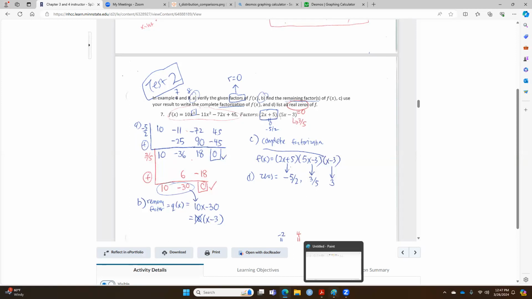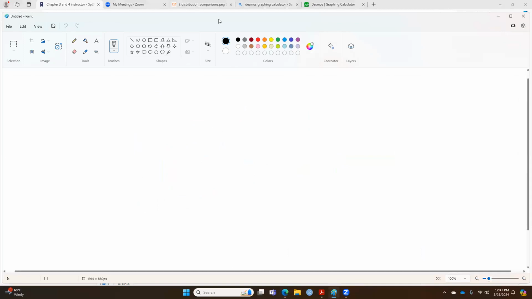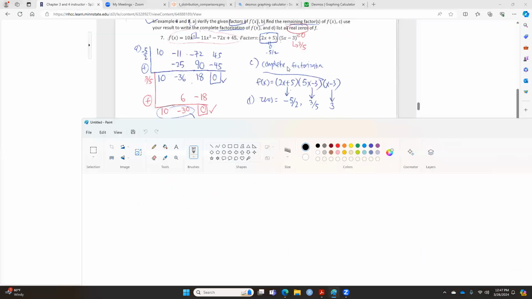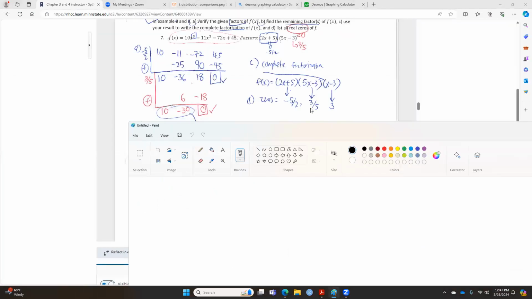Okay, so some students did this in your online homework 3.3. Let's say you found these are your zeros and you try to find what is the complete factorization form. I'm going to use a bit of a shortcut here. A lot of people say, oh, negative 5 over 2, then this will become x plus 5 over 2. And then you have 3/5, so it becomes x minus 3/5.